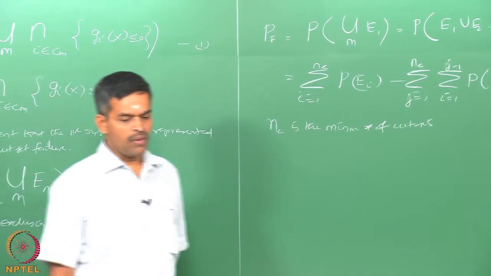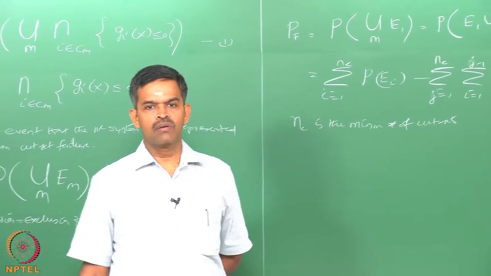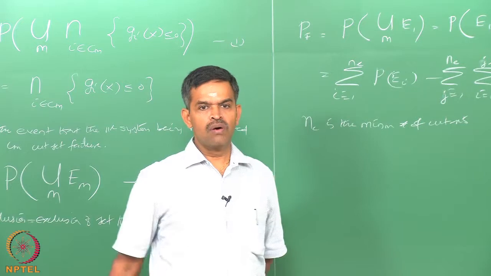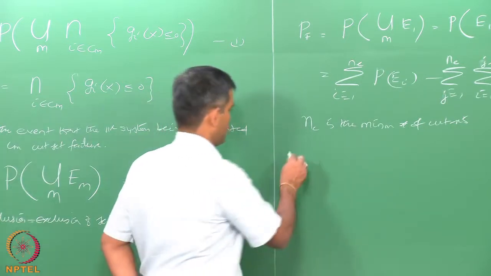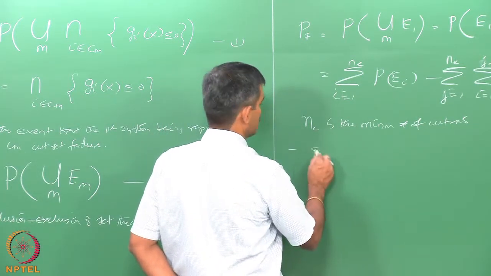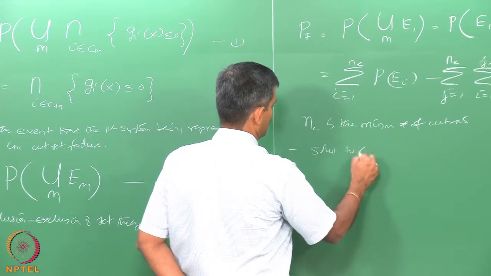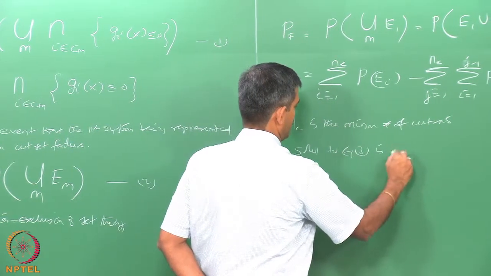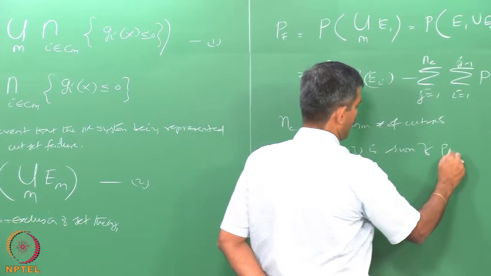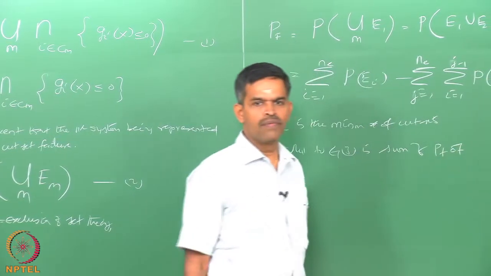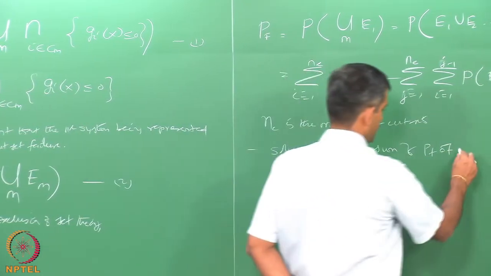Therefore, the above equation can be simply solved by summing the probability of failure of each cut set. Okay. So, the solution to equation 3 is the sum of the probability of failure of each cut set, isn't it?